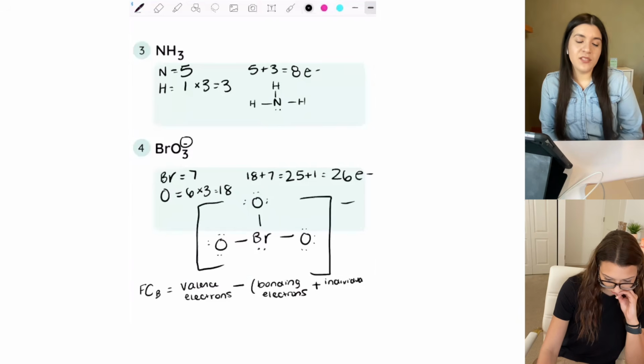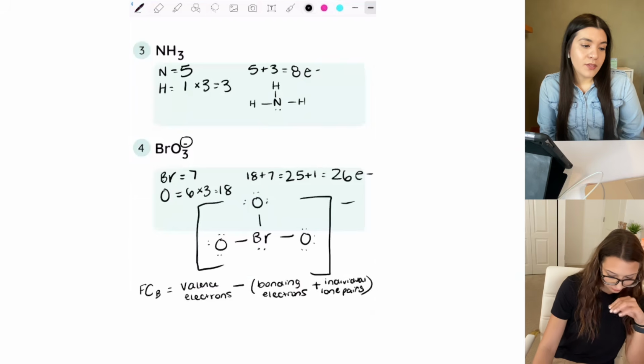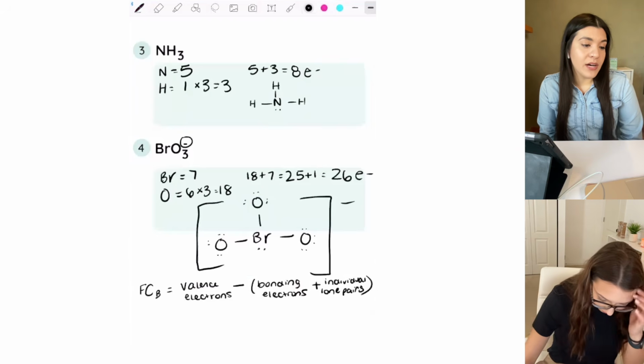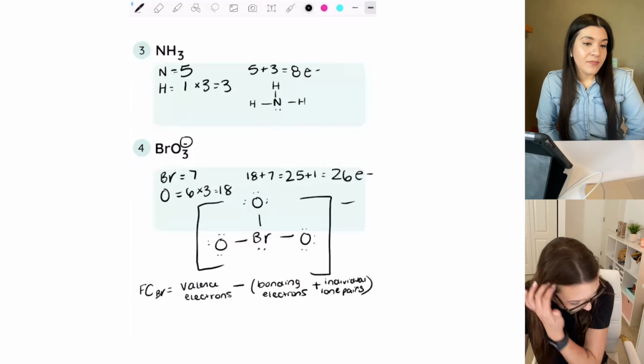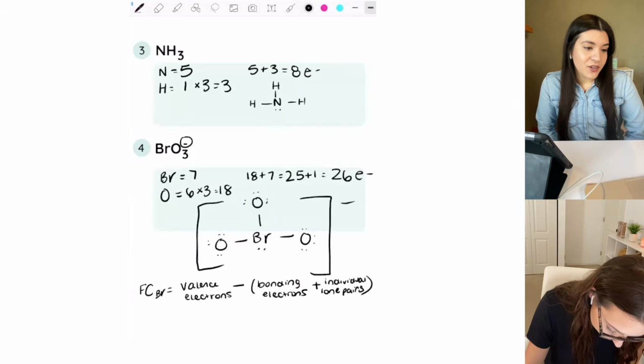You could also think of it as individual electrons, but I just said lone pairs. Cool. So go ahead, and by the way, it's not B, it's Br. Formal charge of Br. Yeah, good. Thanks.